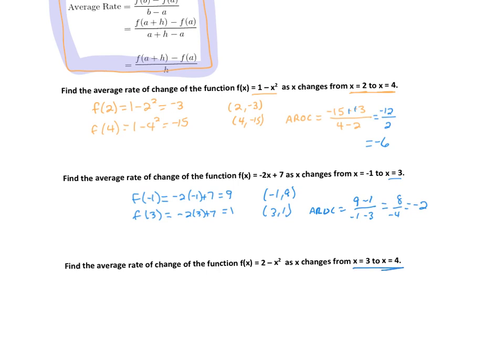All right, this is a pretty small interval. We're just going from 3 to 4. If we plug in 3, we're doing 2 minus 3 squared, so we get -7. And if we plug in 4, we get 2 minus 4 squared, so 2 minus 16, so -14.